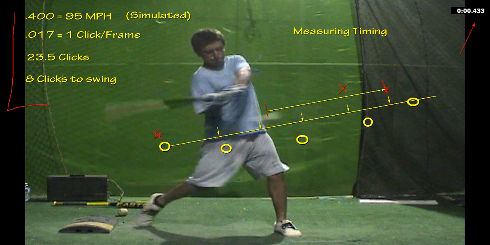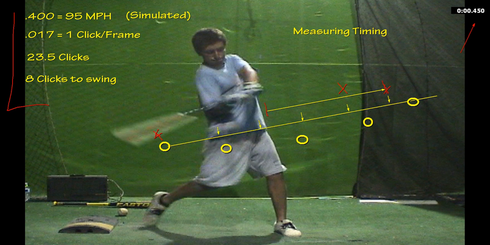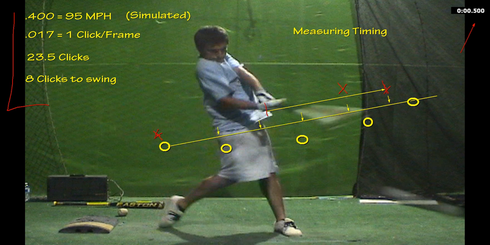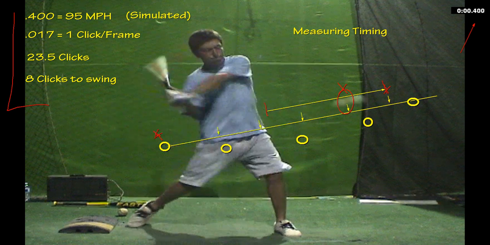But to make really terrible contact, we have this entire area that we're talking about where it's possible to make contact with a given pitch. But there's only one point along this line that's 100% on time, and that is right here. That's when his barrel gets to the area at 0.400 seconds.